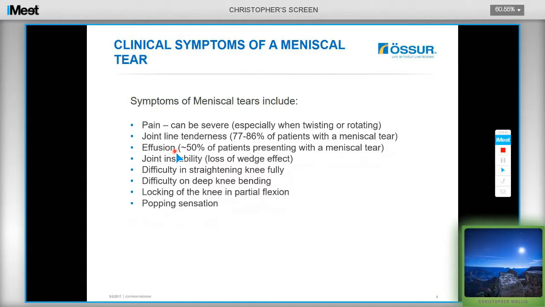Joint line tenderness, joint effusion or a buildup of fluid within the joint, and that effusion can also result in joint stiffness just because of the buildup of fluid within the synovial joint, which then makes it stiffer than it would otherwise. Other symptoms can be things like instability, difficulty in straightening the knee, difficulty deep knee bending, and locking of the knee in partial flexion.